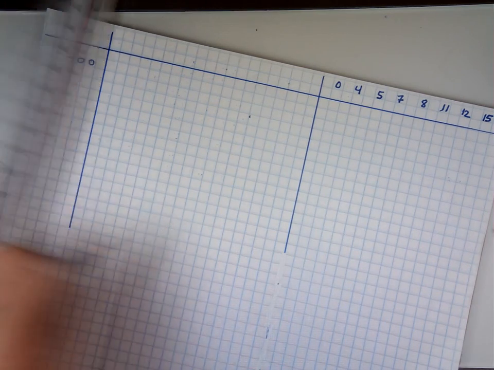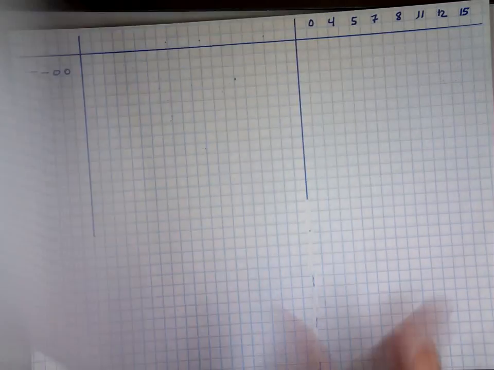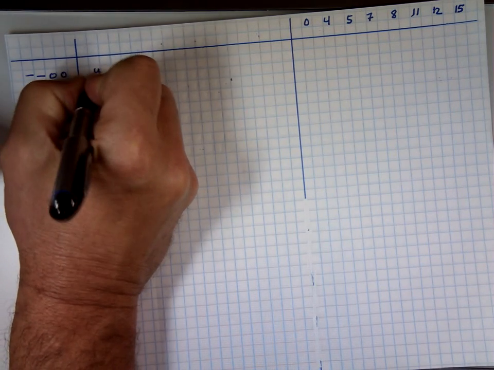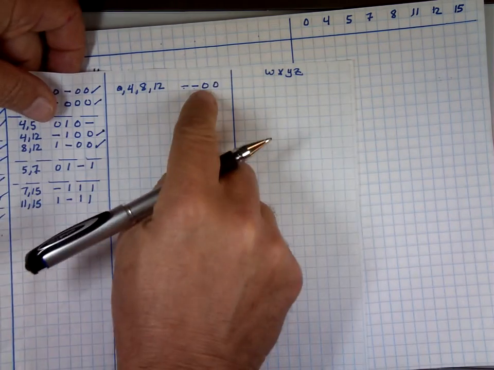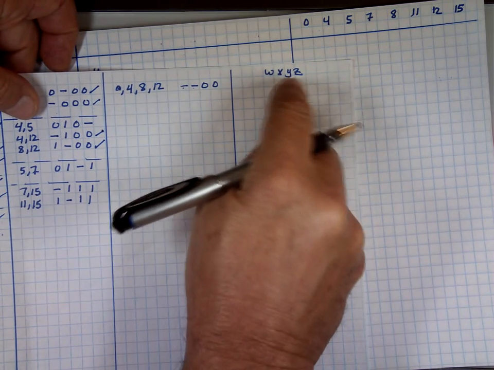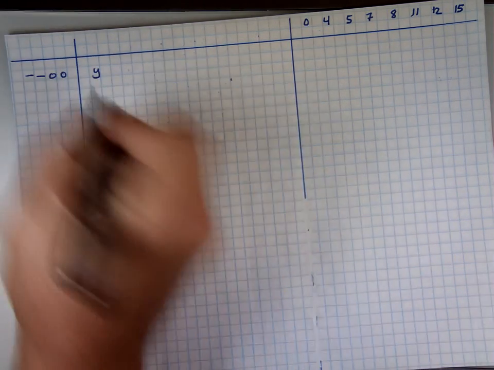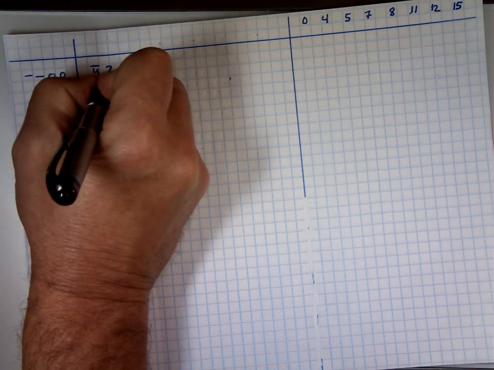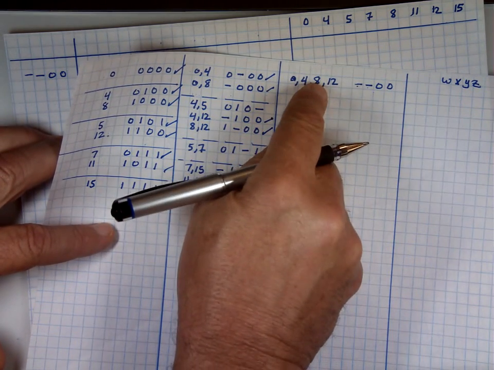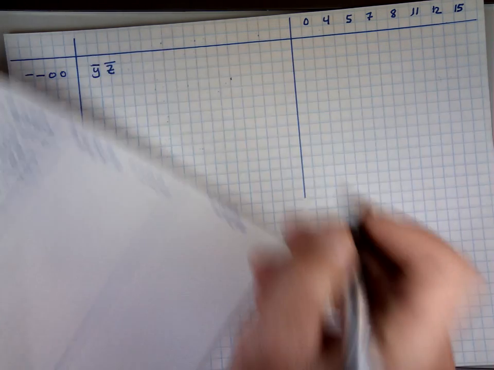To write the expression for that, it's Y bar, Z bar. I don't know why I keep saying W. Y bar, Z bar, the last two. And this one should cover which ones? 0, 4, 8, and 12. You see that? Let's go to 0, put X on the same line.